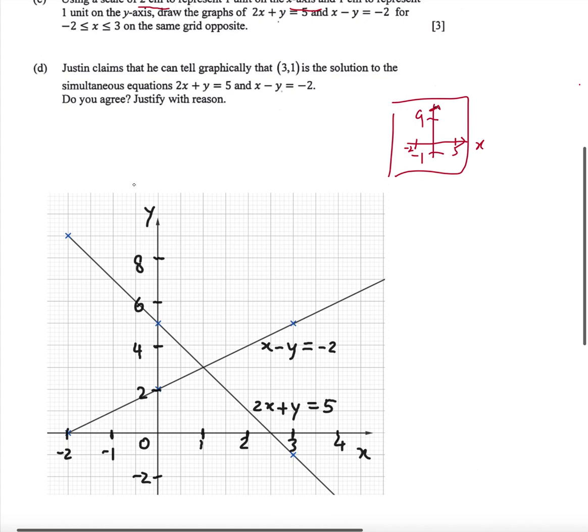Right? Now a properly labeled graph is where you label the y-axis and you take note of the arrowhead. Label the y-axis, and we also label the equations.